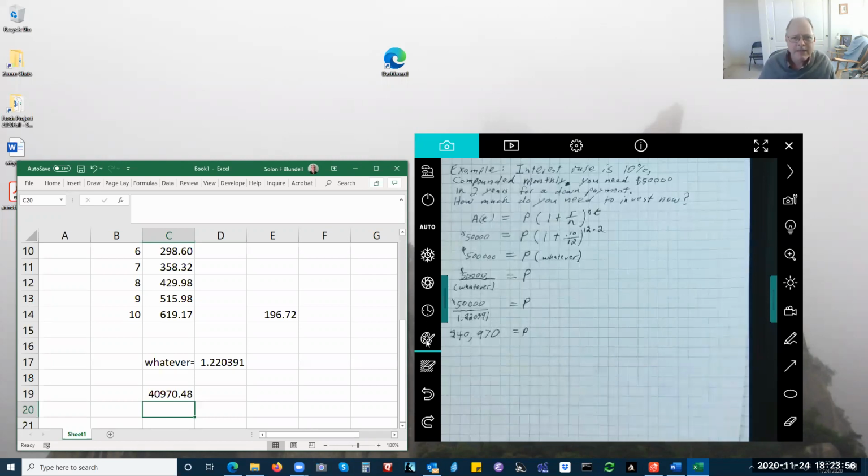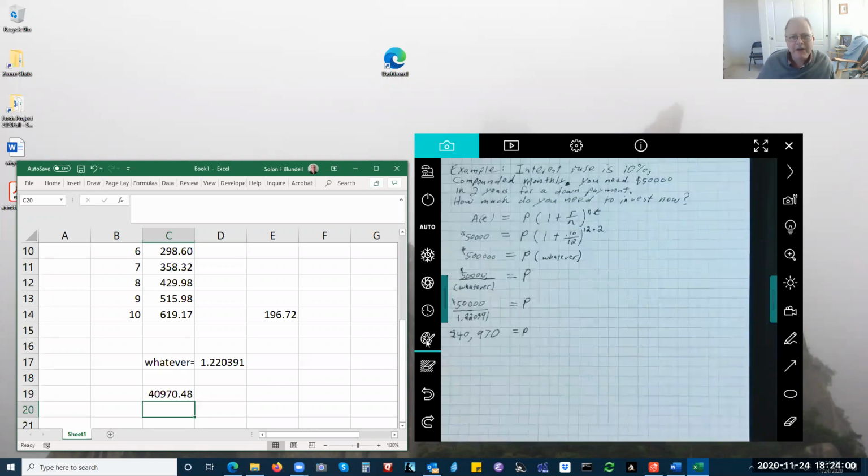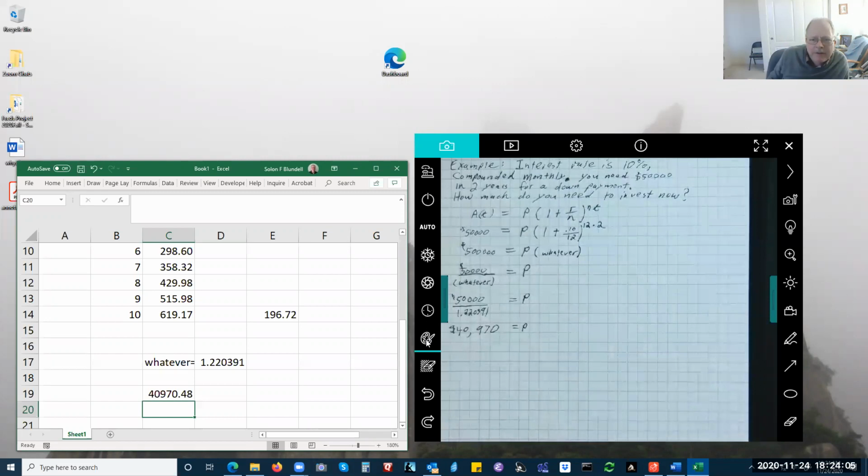Yeah, so that's the practical part of compound interest, except we need to do one more topic, which is continuous compounding, and you need to know what APR is. They talk about APR financing. That's related to this continuous compounding idea.